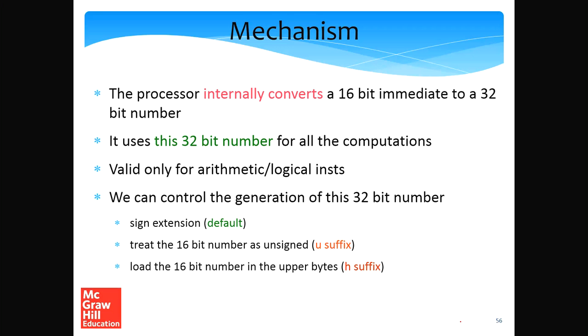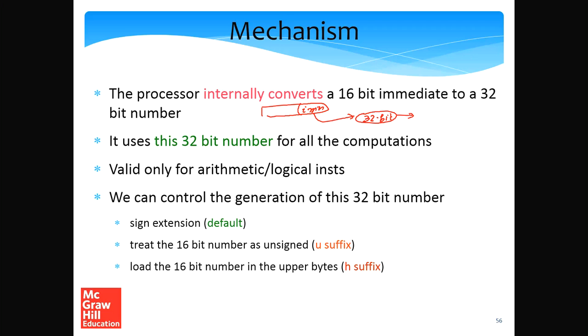So what is the mechanism? The mechanism is that when an immediate is specified in an assembly instruction, the processor will take the immediate and put it in an internal register which is not visible and convert it into a 32-bit number, right? So essentially the immediate is part of the assembly instruction. This immediate is taken by the CPU and converted to a 32-bit immediate, and this 32-bit immediate is used in the computations.